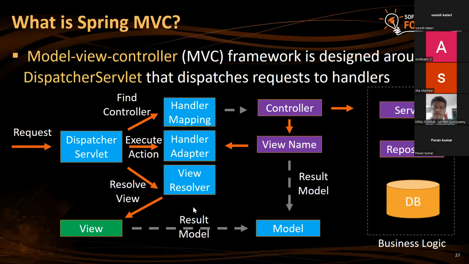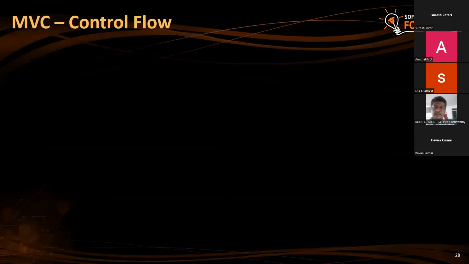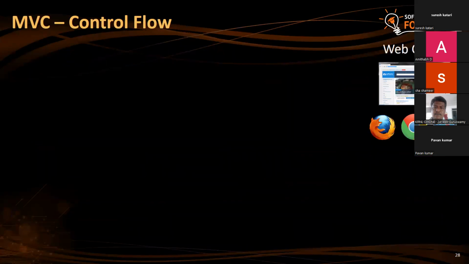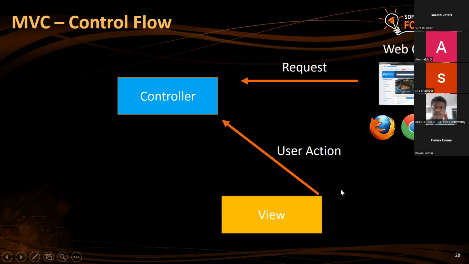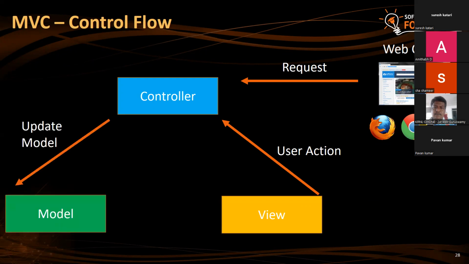That view, again, deals with the model. It forms the response. That's how MVC works actually. So for a web client, like any Gmail or anything, whenever the request is sent, the controller takes the user action. It can come from the view, meaning from the UI. If some click happens on the UI page, then the controller works on the actual model.